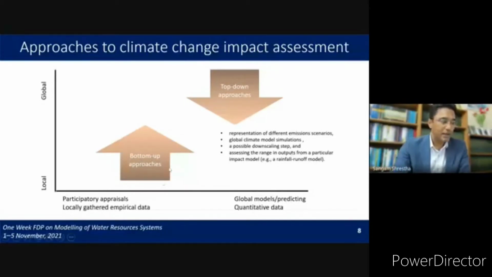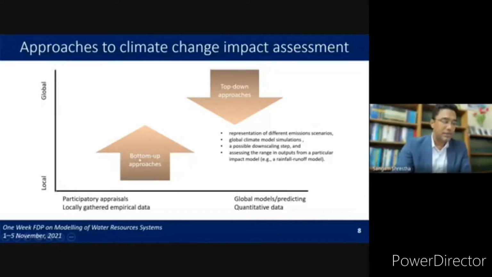On the other hand, there is another approach called the bottom-up approach, and this is basically a participatory approach where we try to find out what the risks to the water resources systems are, and we take the information given by or available in the particular area, then use that information to assess the climate change impact on the hydrology and water resources.